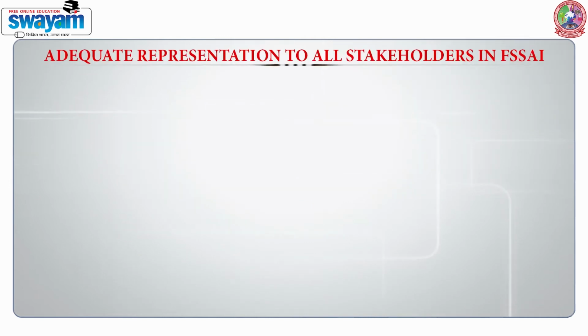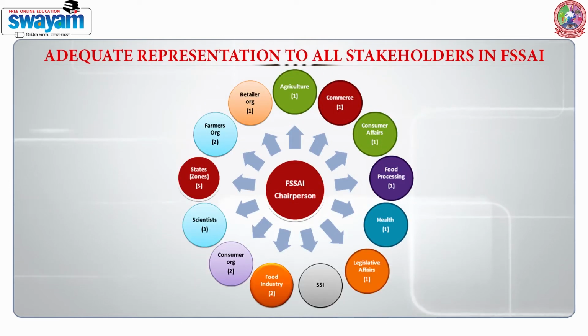This was one act where there was the maximum number of stakeholders related to food, so that there was adequate representation of them in the Food Safety Authority of India. They were the farmers, the consumer organizations, the scientific panels. So this act made sure that it is very inclusive.